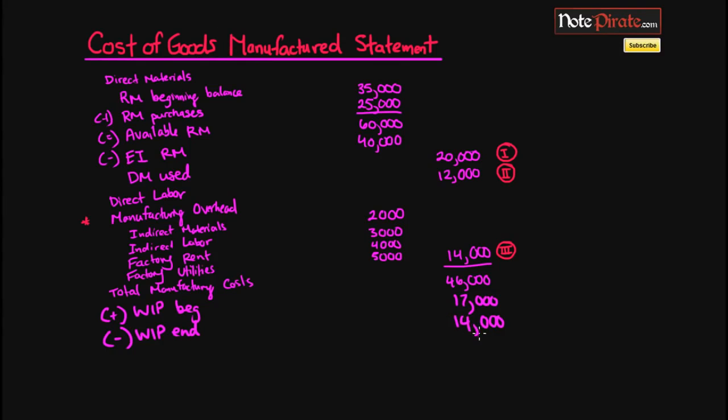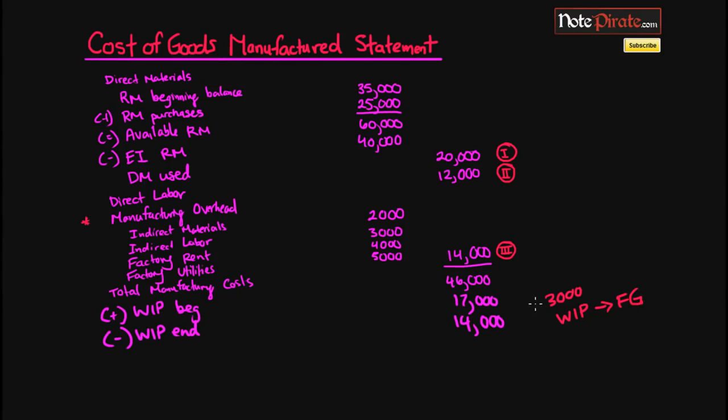and the change from beginning to end is actually going to be added to the manufacturing costs. This is because, of course, these costs are the costs of manufacturing units or manufactured units. Let's say we're looking at the beginning inventory of work in process of $17,000, and then we have $14,000 in the end, we've moved $3,000 of work in process to finished goods.